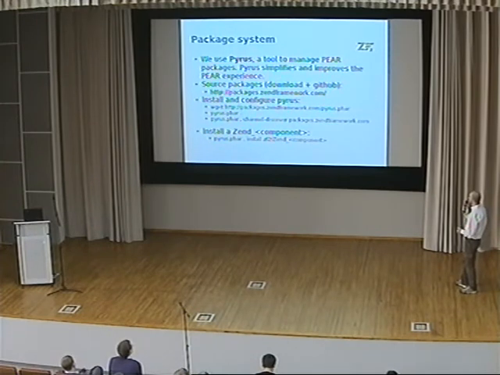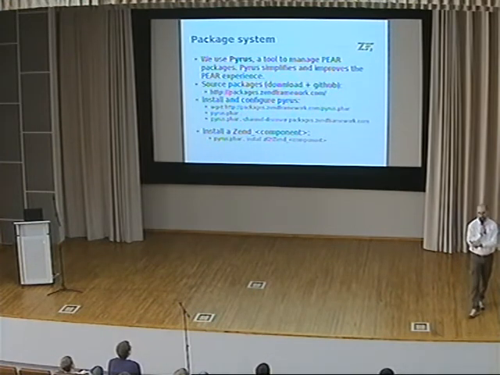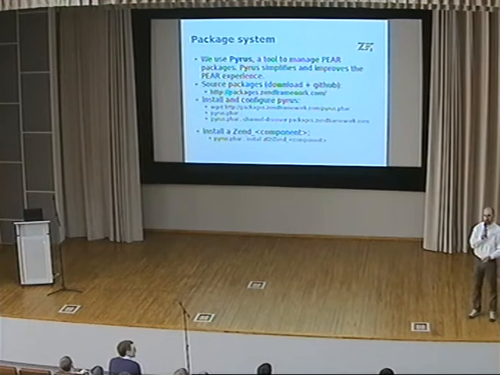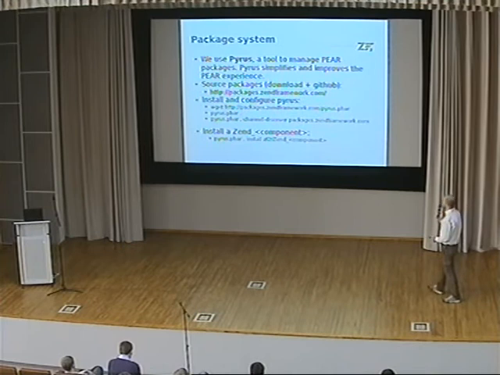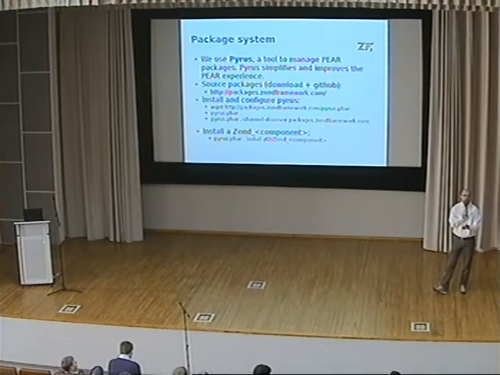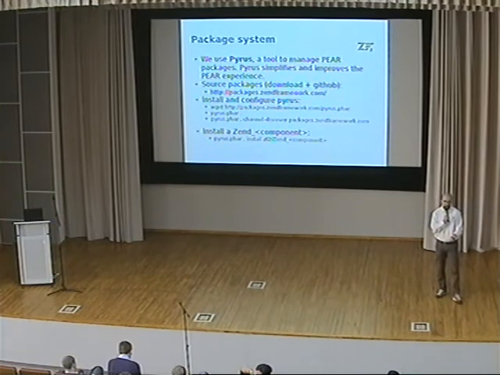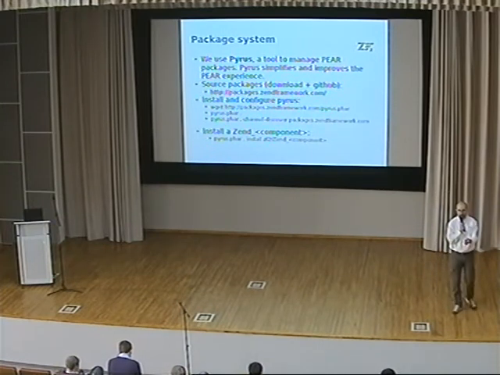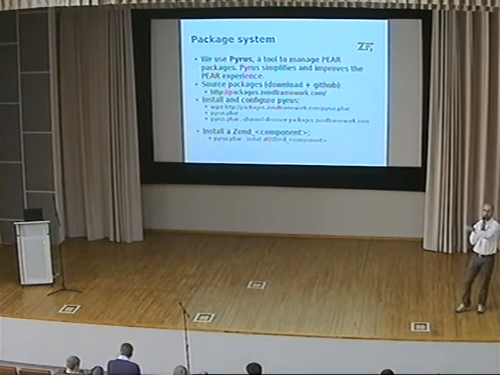So the idea here is you can just download Zend Framework 2 from GitHub or the official Zend Framework website. Or if you want, you can just install a couple of components, because typically not all the applications that you write using Zend Framework 1 or Zend Framework 2 will use all the classes of the framework.